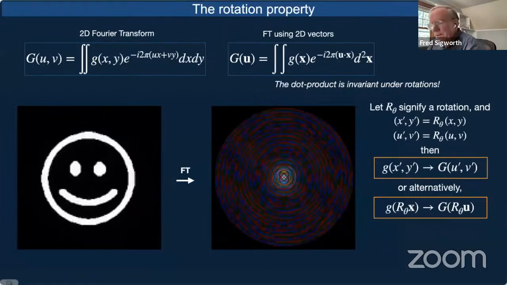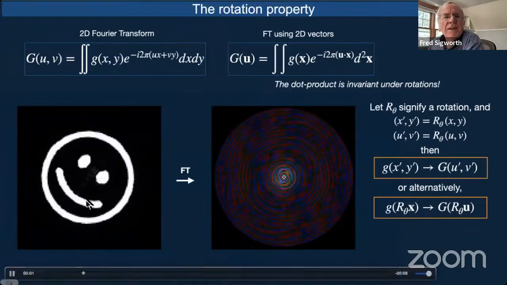Okay, so there are two other properties that are really cool and that we use in 3D reconstruction. One is the rotation property, and that just makes use of the fact that in the exponent we have what looks like the dot product between x, the spatial variables, and u, the frequency variables, and so a dot product is invariant under rotations, and that in fact is what happens.